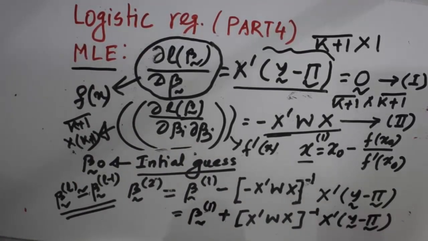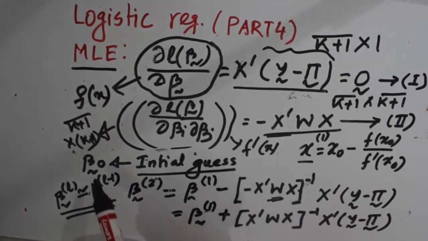And here I mention one thing: since beta is also involved in this part, when you use beta naught curl for the first approximation, you should use beta naught curl for this part also. And when you use the first approximation to get the second approximation, you also use beta 1 curl here.